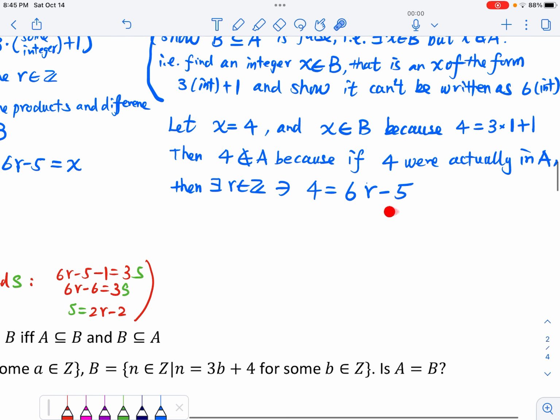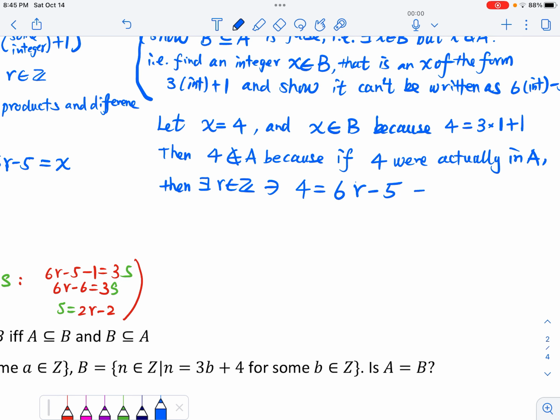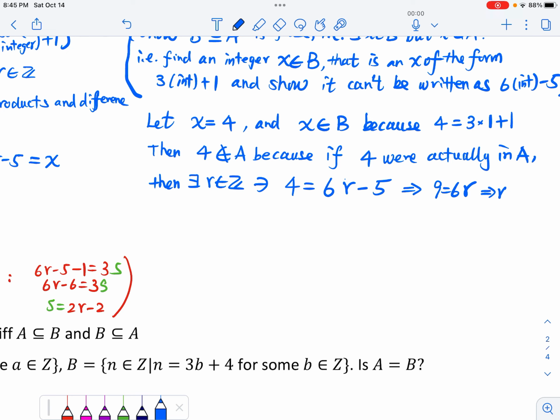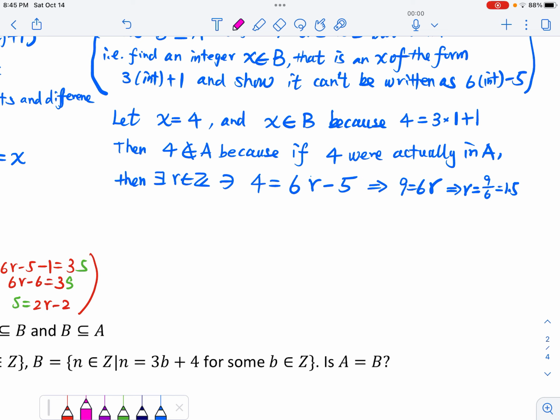Now let's do some algebra, which means 9 equals 6r, right? When you add 5 to both sides, and this means r is equal to 9 over 6, or this is 1.5, okay, 1.5. Do you see that this is not in Z?